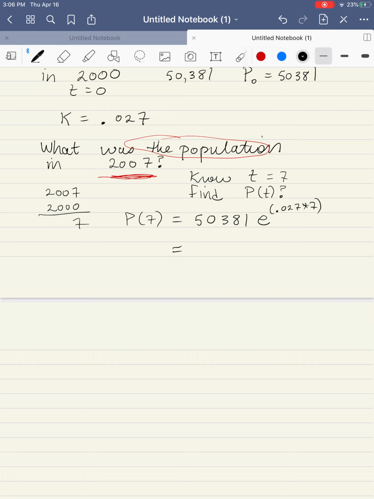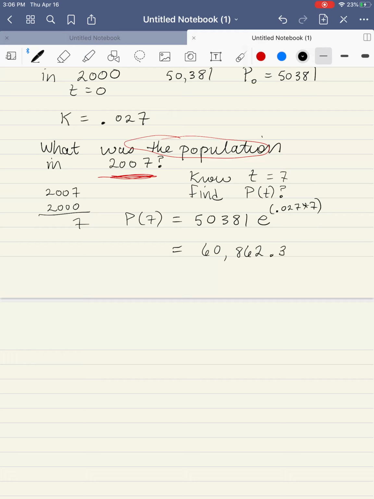So I can plug that in my calculator using my e-caret key. So I have 50,381. Second ln on mine. You're just using e-caret. So I have e-caret, parenthesis, and then I put in 0.027 times 7, close parenthesis, enter.